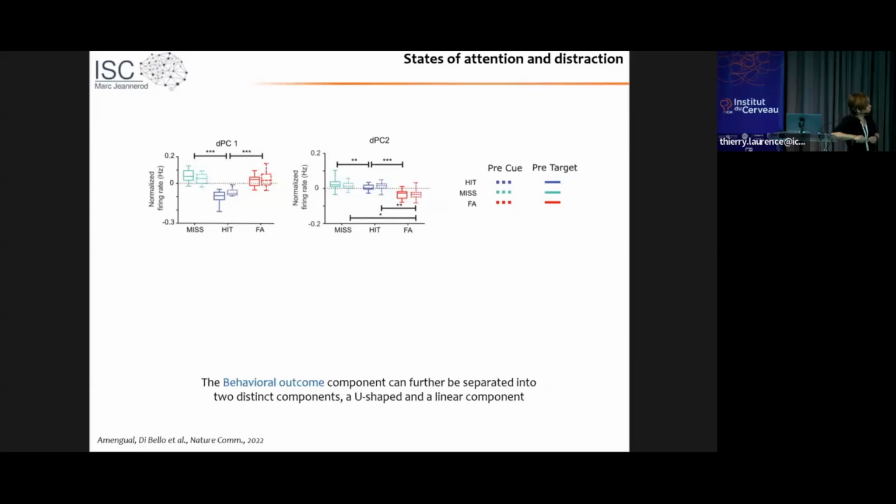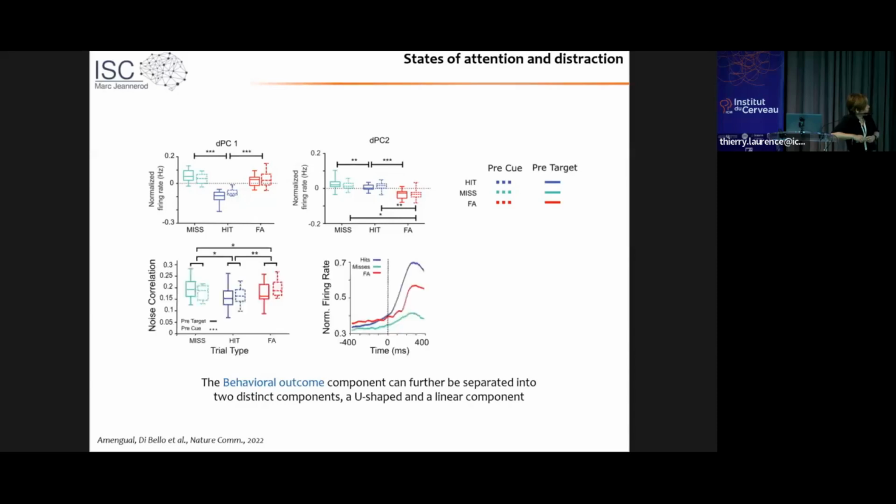In order to better characterize the computational nature of the behavioral outcome parameter, we went on applying DPCA on just the specific behavioral outcome component, but along 3 types of trial outcomes, so misses, hits, and false alarms. And in doing so, we are able to assign neuronal variability to 2 different components that have a completely different dynamic relative to the trial types. One is U-shaped, and the other one is linear.